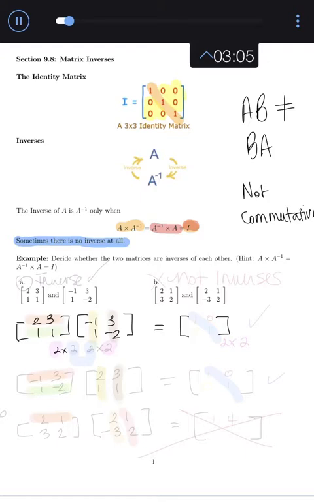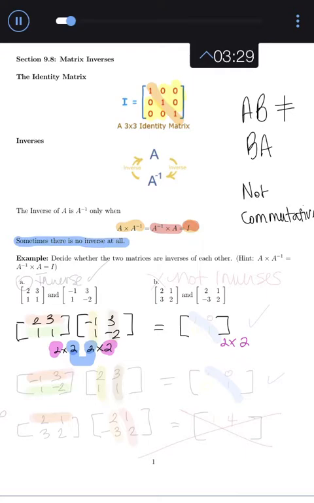If you weren't sure why, the first matrix was a 2 by 2 and the second matrix was a 2 by 2. The multiplication can be done because the two inside dimensions match, and the result is the two outside dimensions, a 2 by 2.